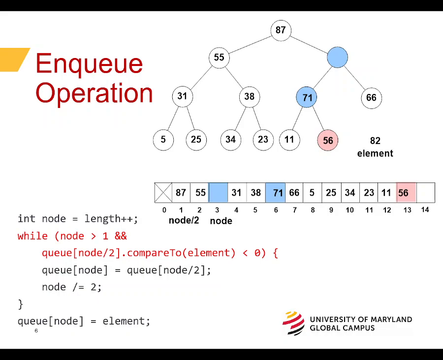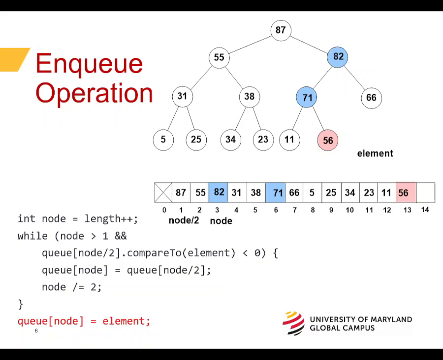Although node, which is 3, is still greater than 1, the value at position node over 2, which is 87, is not less than 82, so the loop stops. The value in element 82 is stored in position 3. The heap order property has now been restored.